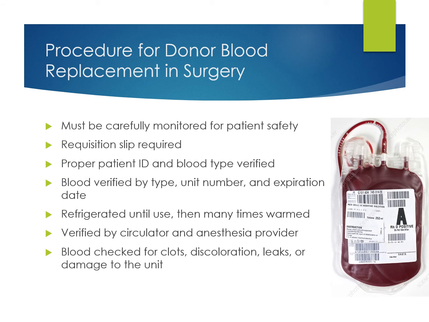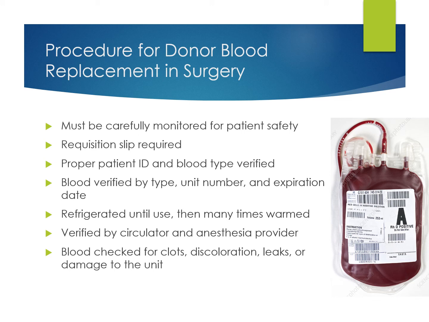So it's important that you have an idea of how donor blood replacement works in surgery. The patient needs to be carefully monitored when they're receiving blood, just for their own safety. There will be a requisition slip attached to the blood, so you have to properly identify the patient and verify the blood type. It will be refrigerated until use.